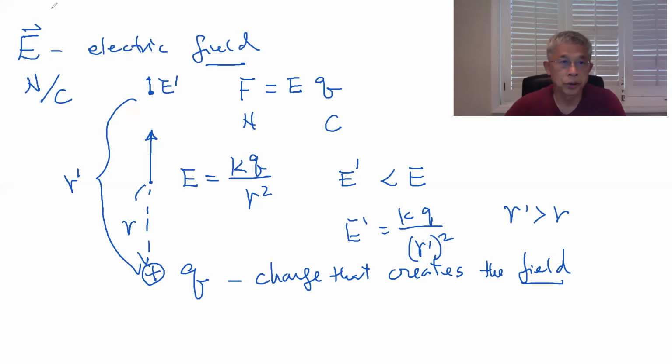So let's continue with electric field a little bit. So if I have a negative charge, then my electric field is defined as going toward it, okay? And the distance here is still R. And let's say this is the charge that forms the electric field.